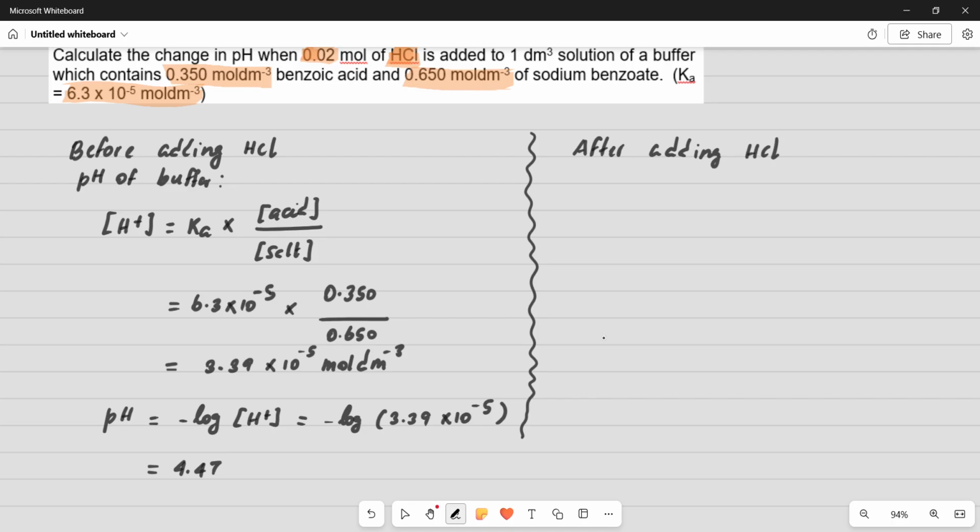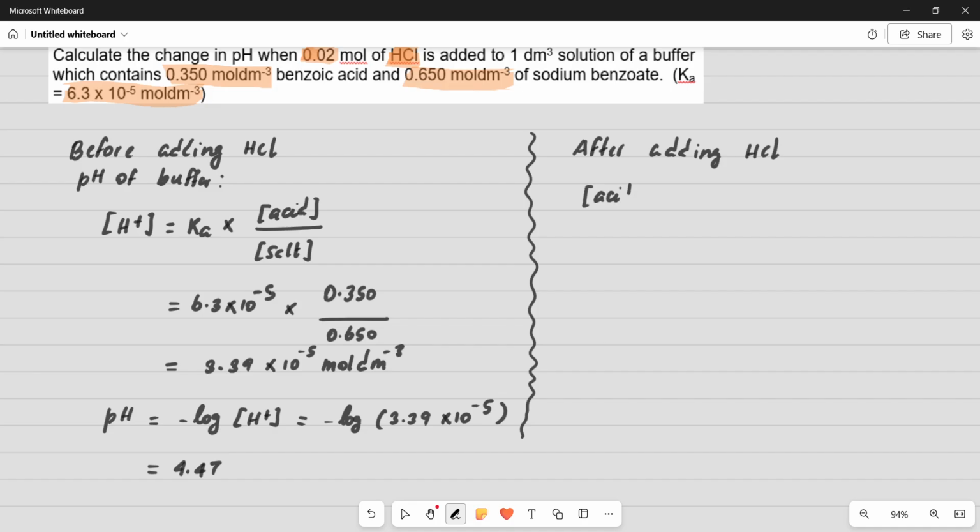Again, I cannot use the same concentration, because when I add acid, it is going to shift the equilibrium to the left. So more weak acid will be formed and there will be a decrease in the concentration of salt. So what should I do?